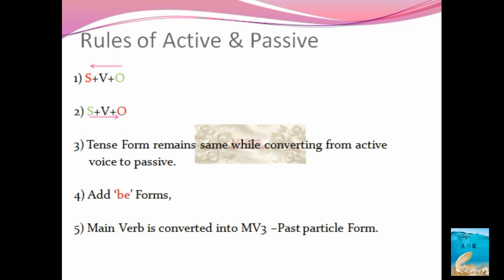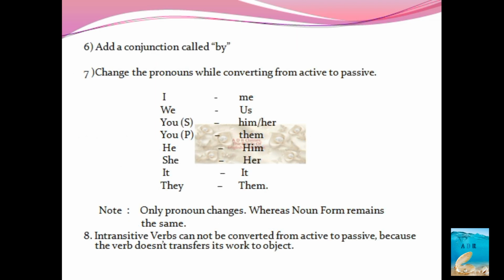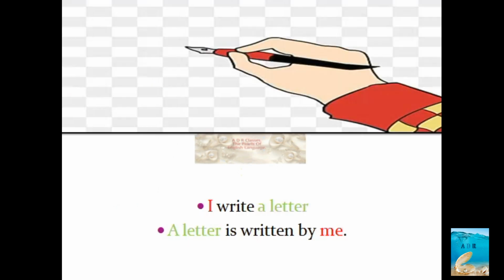Next, what is the next rule? The next rule is to add the conjunction by. Initially, while practicing, you use by, as in a letter is written by me. But in some passive forms we don't use by, yet it is still passive.